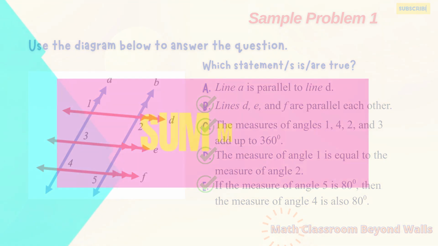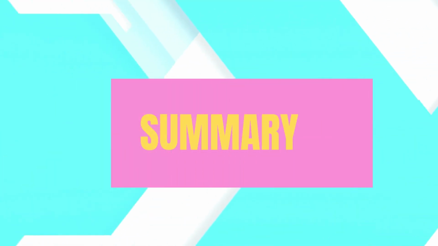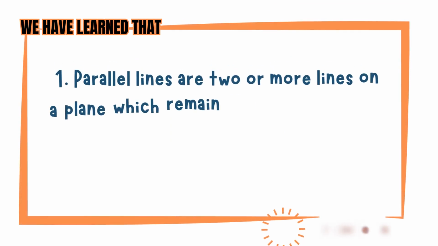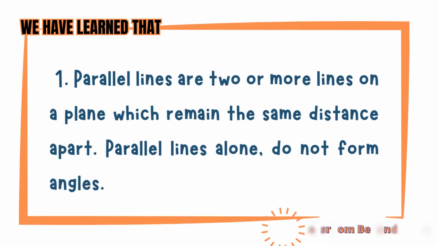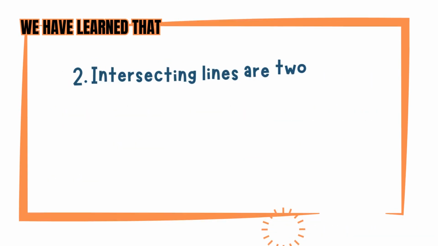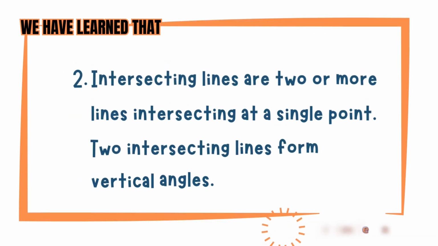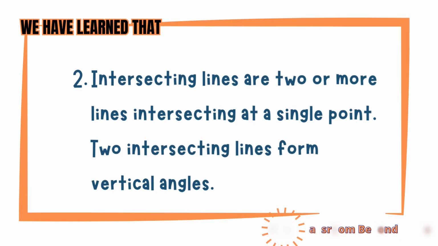Let us summarize what we have learned today. First, parallel lines are 2 or more lines on a plane which remain the same distance apart. Parallel lines alone do not form angles. Second, intersecting lines are 2 or more lines intersecting at a single point. 2 intersecting lines form vertical angles.